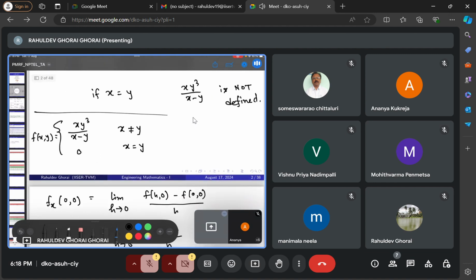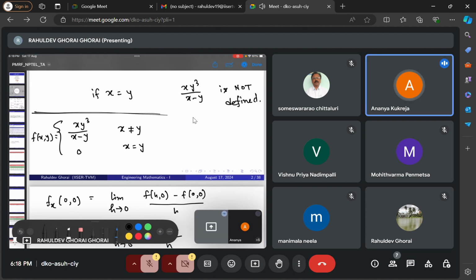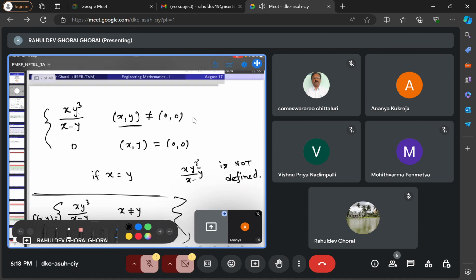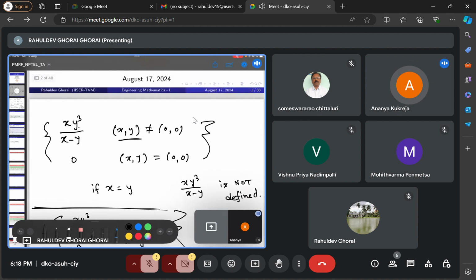So, Ananya, I think you were asking, right? Yes, sir. This function should be defined like this. If it is not defined like this, I will check and I will tell you. If this is the function, it is not defined along the x equal to y line, right? Right, sir.